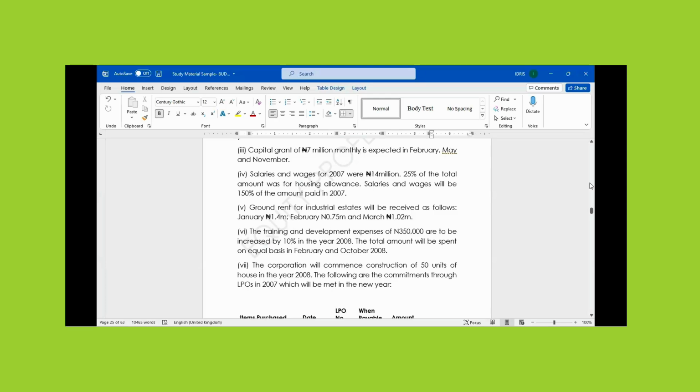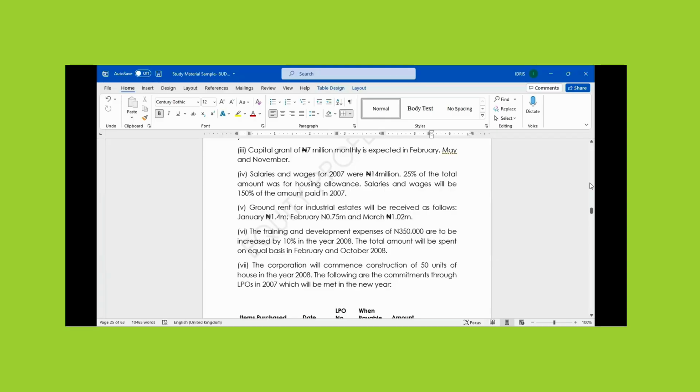Say for instance, 25% of 14 million. Okay, let me calculate that. 25% of 14 million is 3.5 million.